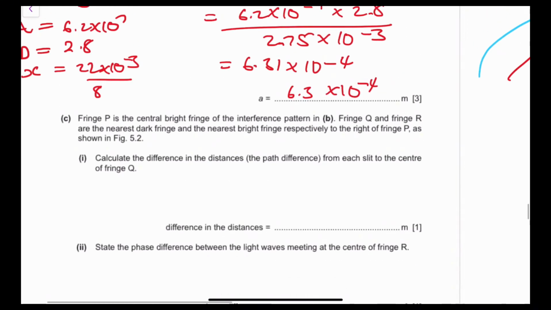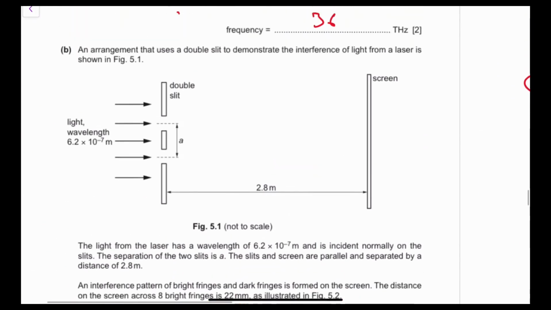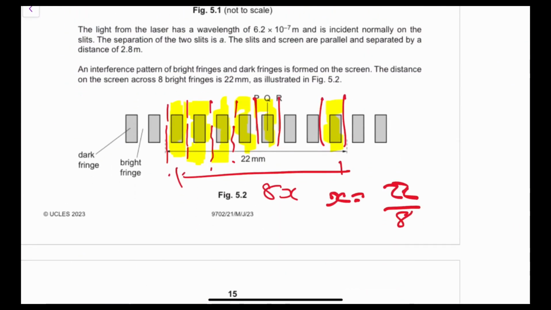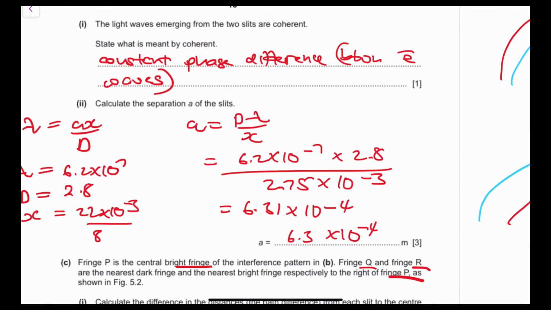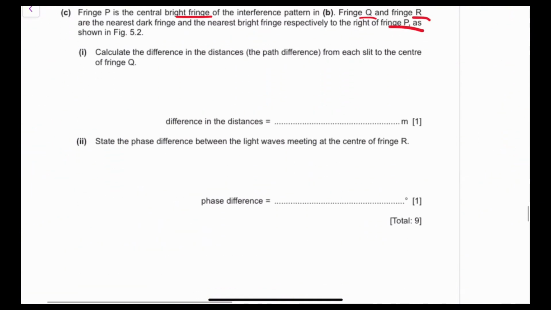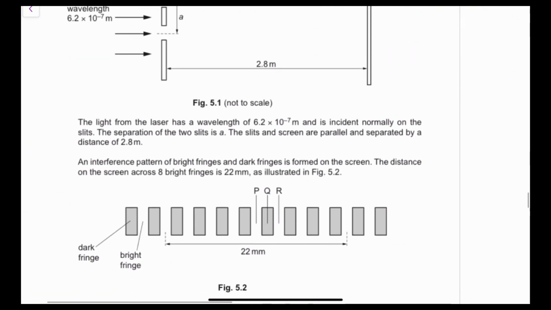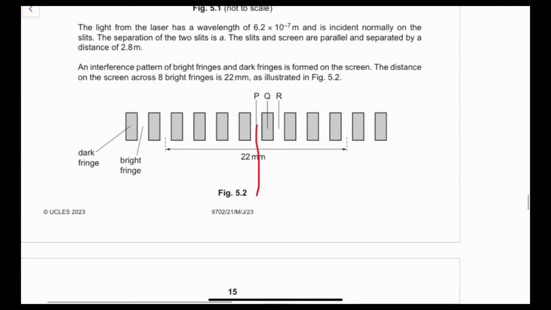Okay, so fringe P is the central bright fringe, and fringes Q and R are the nearest dark fringe and the nearest bright fringe, respectively, to the right of fringe P, as shown. So we have this scenario here. We've been told by our question that fringe P is the central bright fringe, very important.